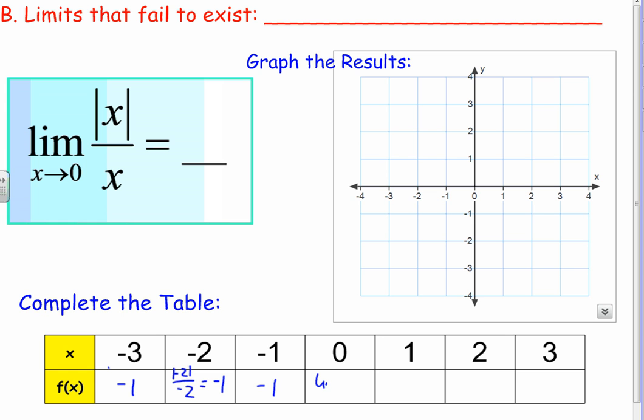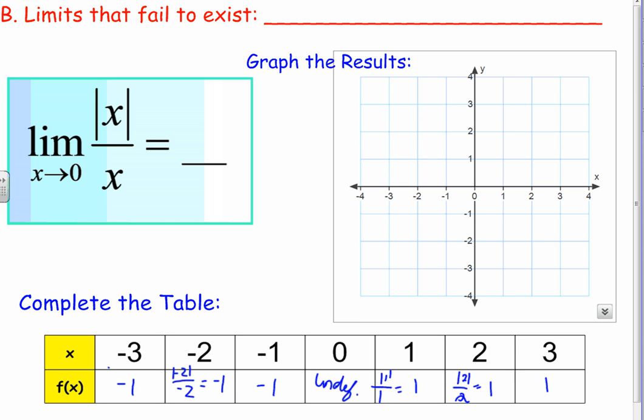At 0, it is undefined. I cannot use x equals 0 in my function because of the denominator. Put in 1, I'd have absolute value of 1 divided by 1. Well, that is 1. Put in 2, I'd have absolute value of 2 divided by 2. And that is 1. 3 over 3 is 1.